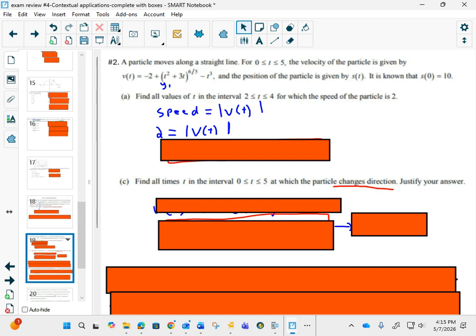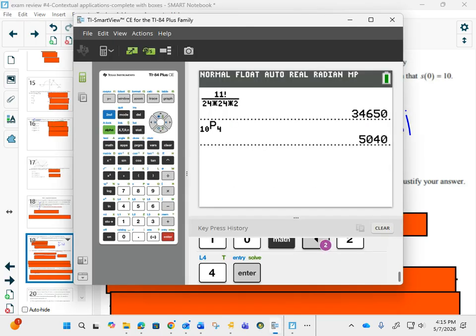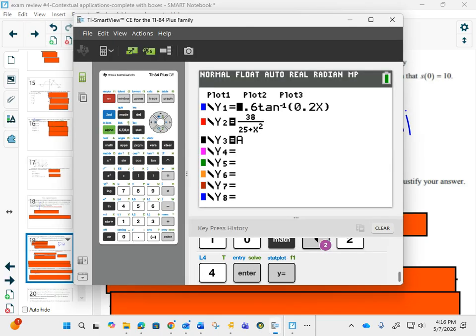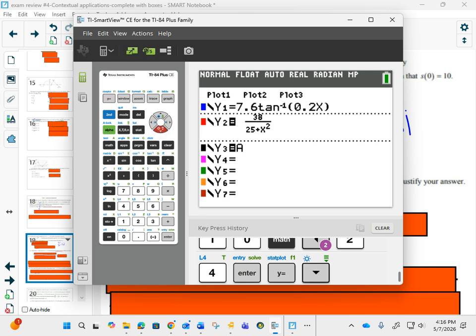So if I had this in my graphing calculator in y1, in y2 I would do the absolute value of y1. Do you know how to find the absolute value signs? Under math and then move over to number.